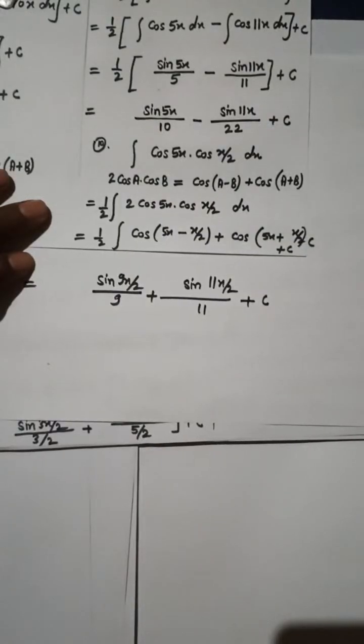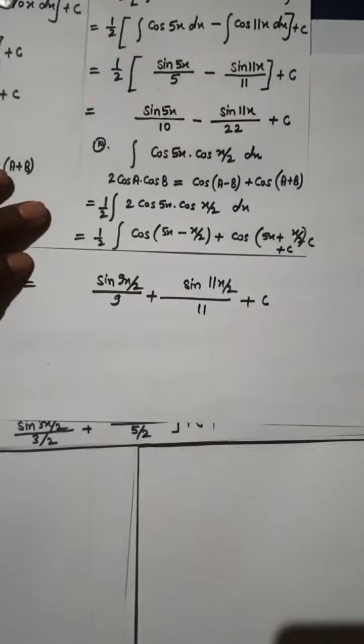This session was regarding integration by transformation. If terms are given in trigonometric form, trigonometric functions like sine, cos, or sine cos or cos sine, we need to convert the product of two sines, product of sine cos, or product of cosines into their addition format or subtraction format, and then we need to do the integration.